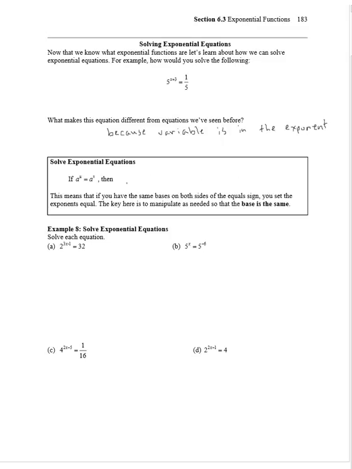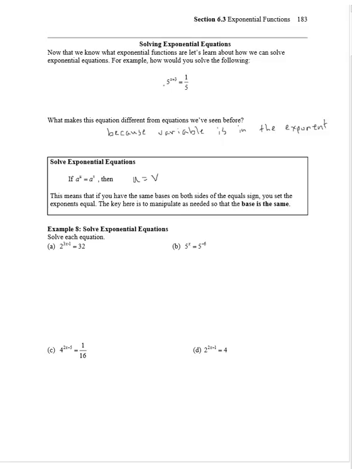That's okay, because if a^u = a^v, in other words, if the bases are the same but the exponents are different, then the exponents have to equal each other. So all we have to do to solve these is get the same base with different exponents.